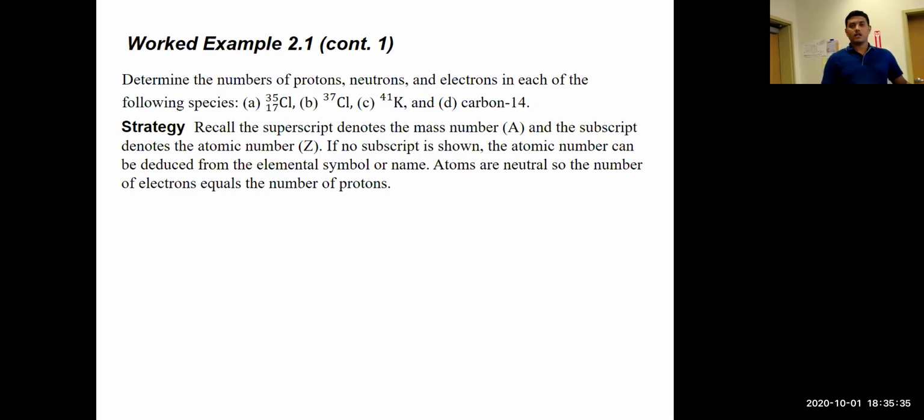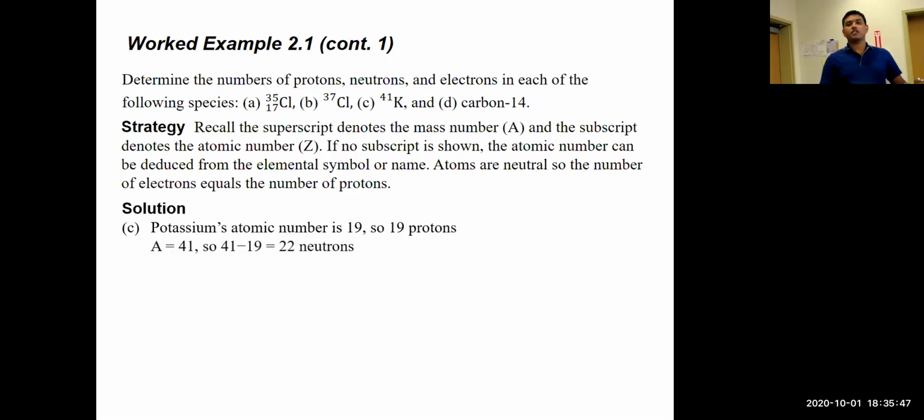You know the drill now. To identify the number of neutrons, you subtract the number of protons, the atomic number, from the mass number. So 41 minus 19 is going to be 22 neutrons. Potassium is neutral, so it should have a similar number of electrons to protons. So it will have 19 electrons.